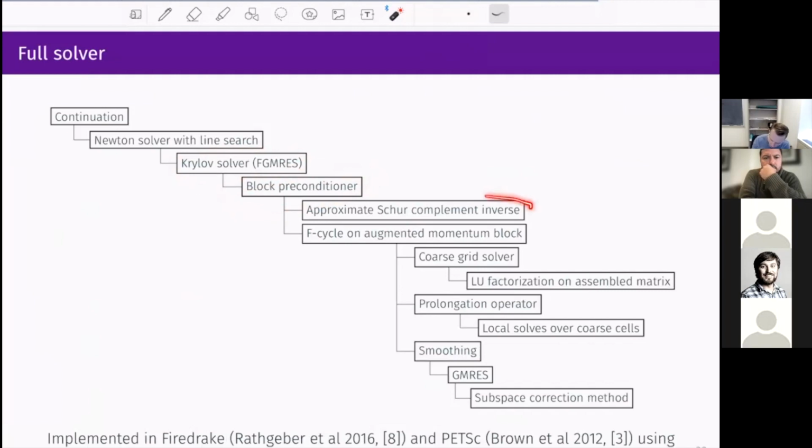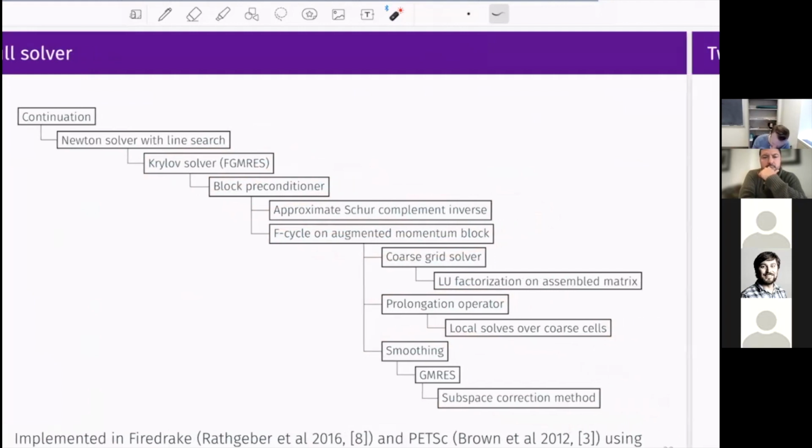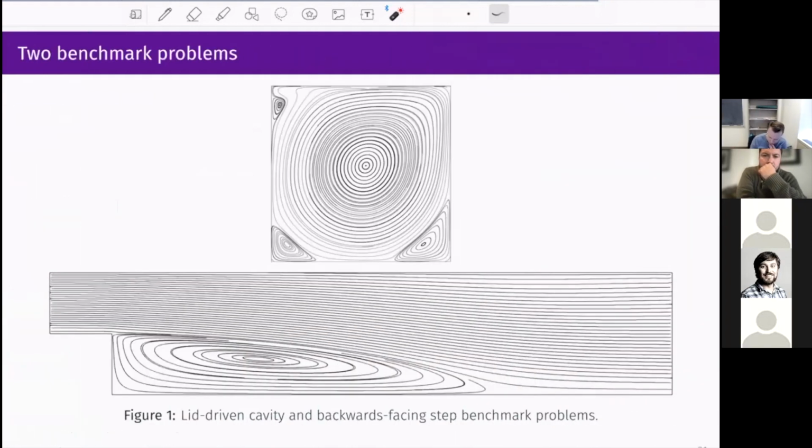We use our approximate Schur complement inverse, which is very similar to the mass matrix. We know that that works well. And then here we have our custom multigrid scheme, which has this custom prolongation operator, that's the transfer, and the custom smoothing, which is this subspace correction method, right? And all of that is available open source and online.